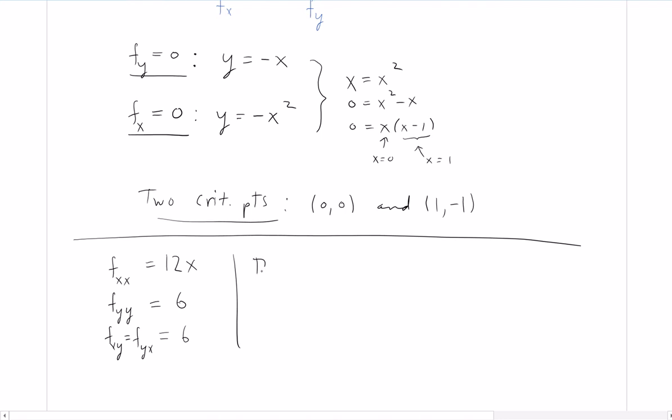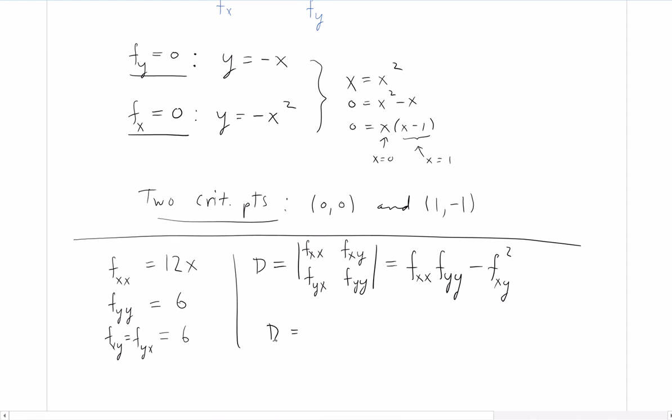Now remember this thing called the Hessian determinant. It's the determinant of this 2 by 2 matrix where you put the second partial derivatives. And so it looks something like this. fxx times fyy minus fxy squared, since fxy and fyx are the same.